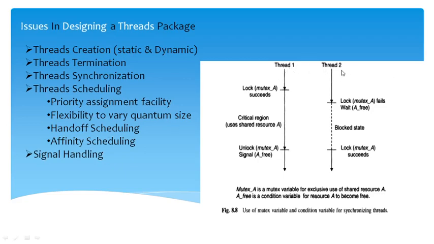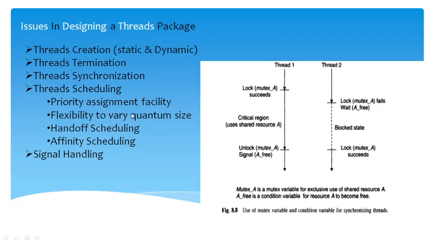Out of thread 2 and thread 1, thread 1 is a high priority job, then it should be given higher priority than thread 2. In such a case, thread 1 will run first by suspending or pausing the job of thread 2.